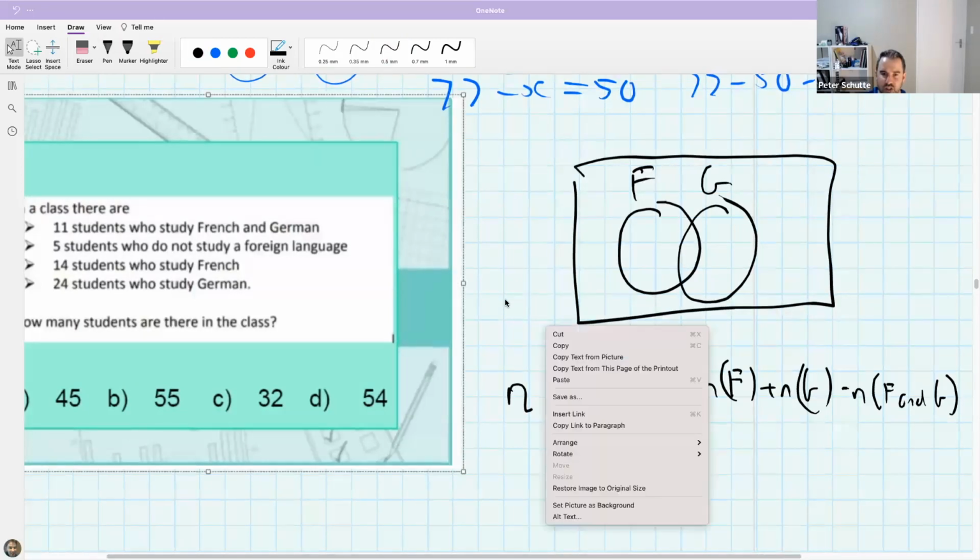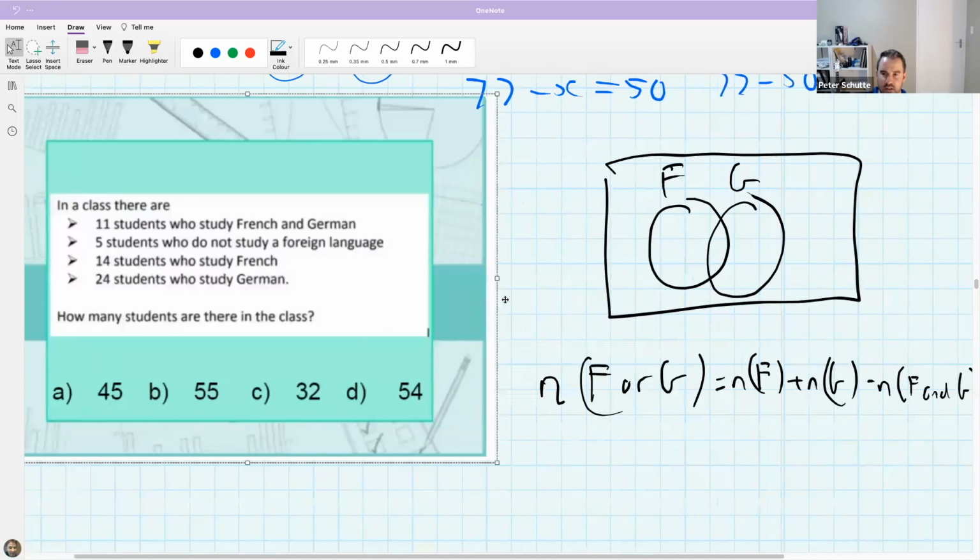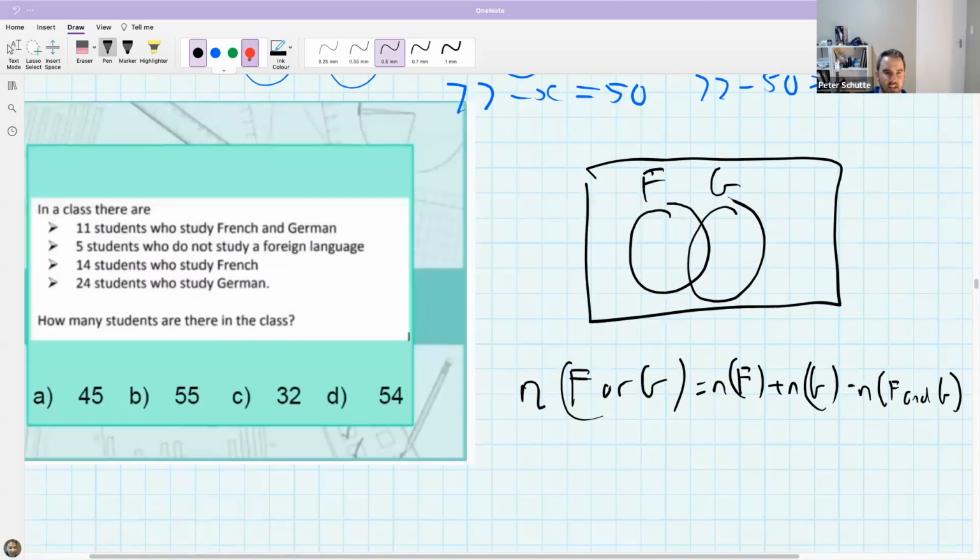I'm going to visually help you with this. 11 students study French and German, so there would be 11 there. 5 students do not study a foreign language, so they'd be up here. 14 students study French, so 11 there, so that has to be 3. And 24 students study German. So if that's 11, this would have to be 13.